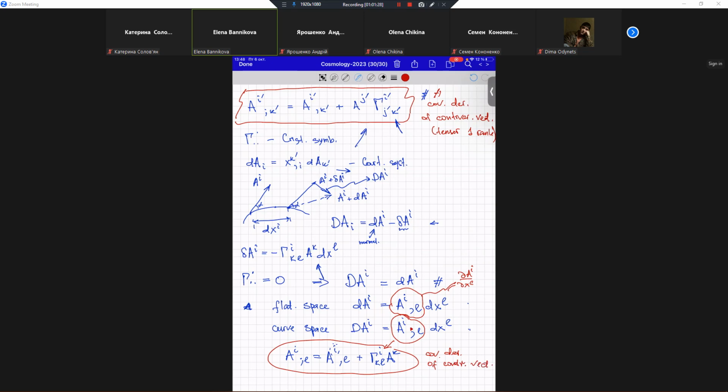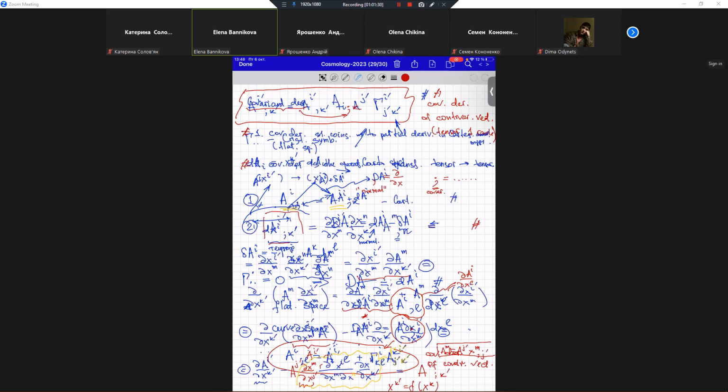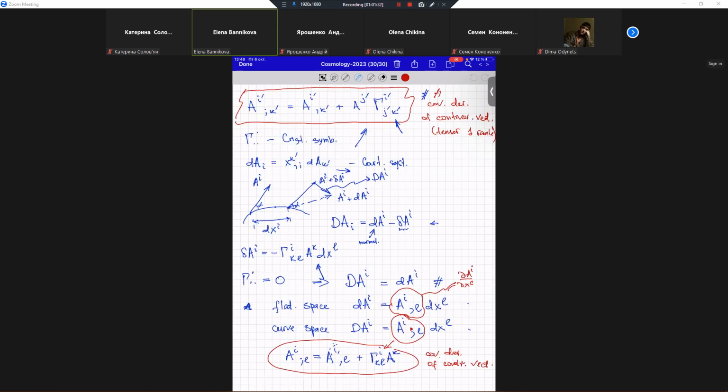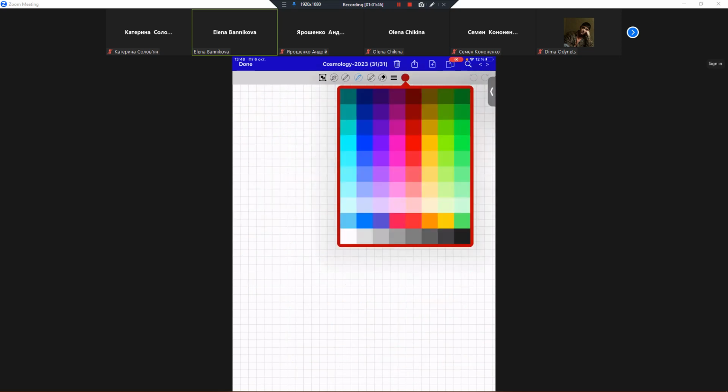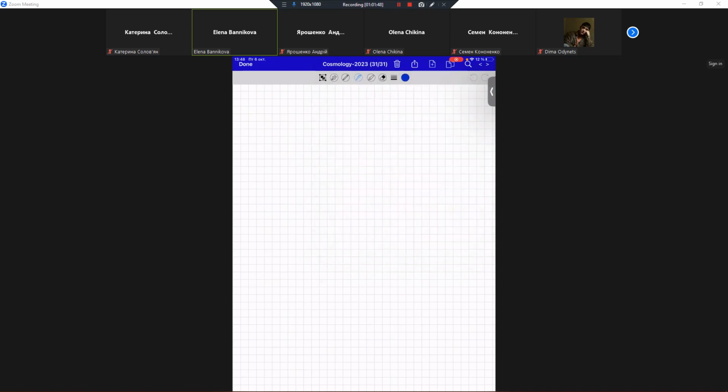If we repeat the same procedure, we can obtain a similar expression for the covariant vector. This will be your home task: to prove that A_i;l, the covariant derivative, equals minus gamma^k_il A_k. This is the covariant derivative of a covariant vector.